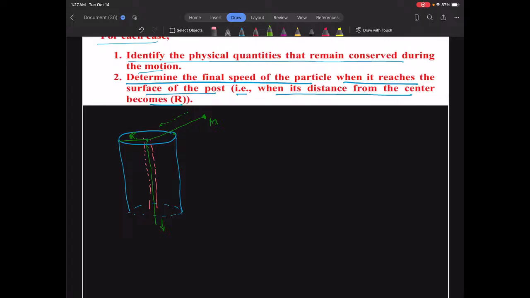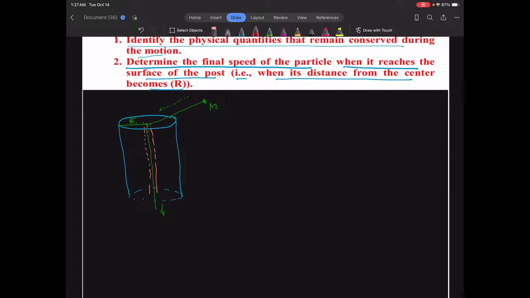So in this case, let me draw this. Let us call this point O. Okay, and this is our M. So this is our point O, and this is our other point, which is mass M, and there will be tension in the string, and that tension in the string is our T. Okay, and it is acting radially to the center of the post.